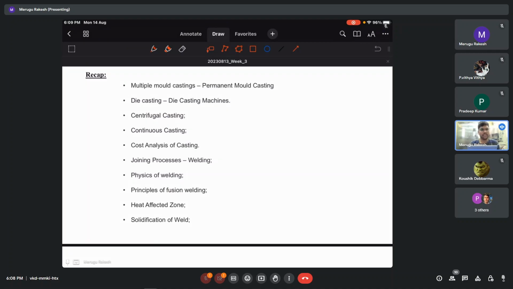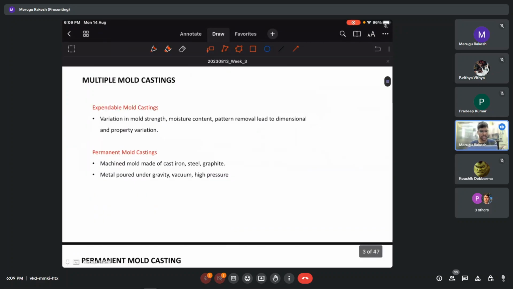Then we discussed the physics and the principles of fusion welding, and then different types of microstructure present such as heat affected zone. And then we briefly worked on the solidification of weld, or in other words, what happens during solidification of this localized region that was melted during welding. So these are the different recaps. I will discuss one by one.